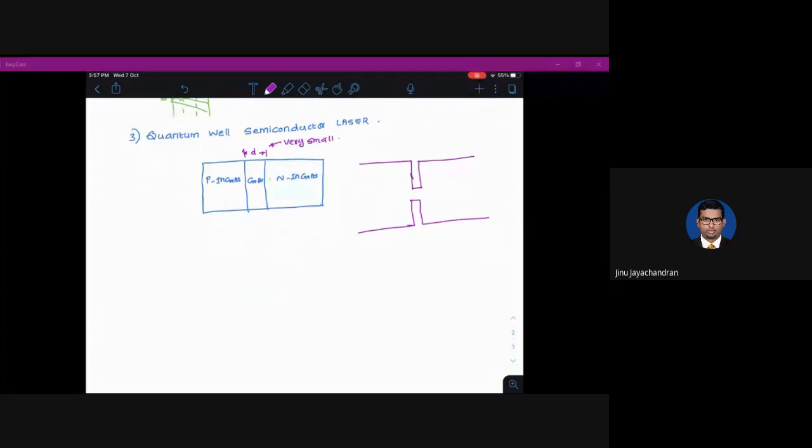When the quantum well width is small, you will not have a continuous or a large number of energy states. Instead, you will have separated, discretely spaced energy states in both the conduction band and valence band. So in a quantum well laser, there will be totally separated, discrete energy states inside the well.